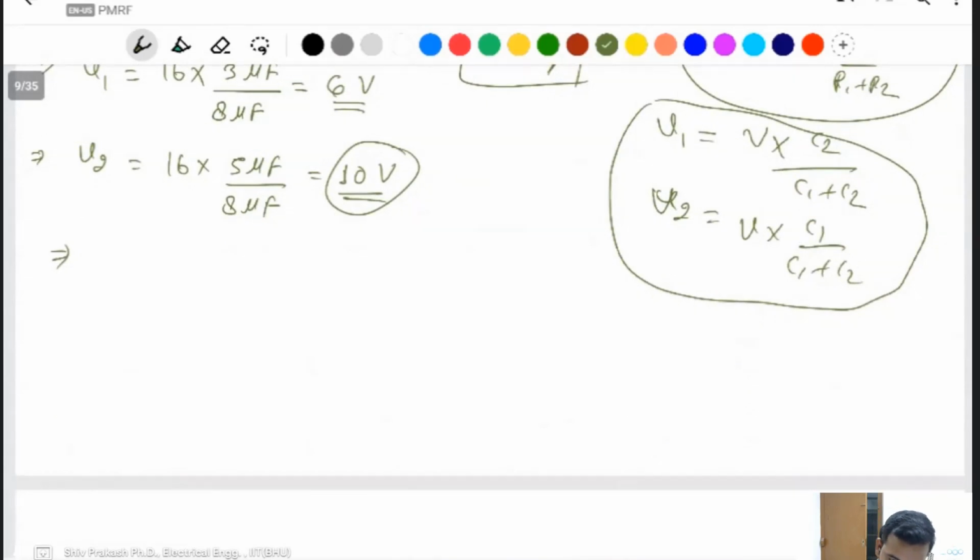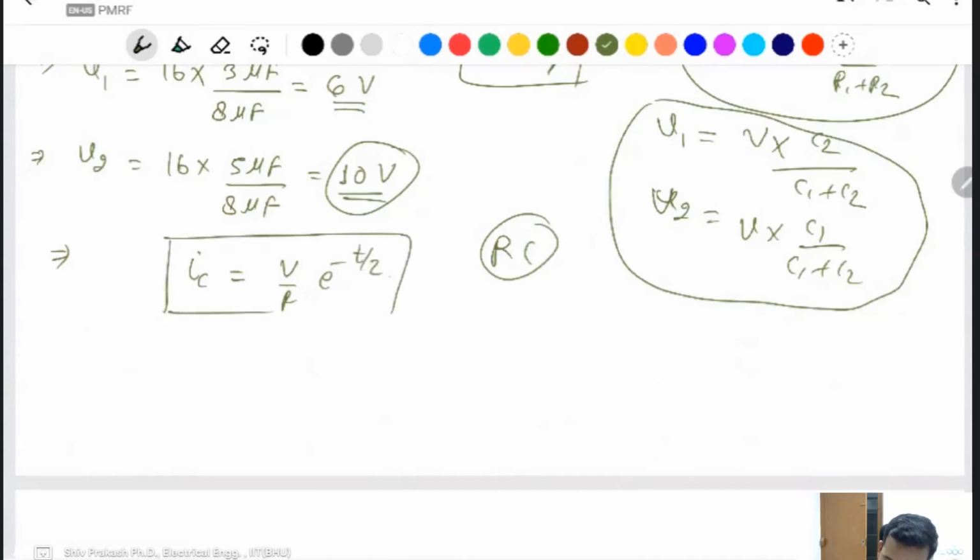No current across the capacitor. Sorry, in an RC circuit, the current is V by R e power minus t by tau when the capacitor is initially charged, or you can say when the capacitor is discharging.